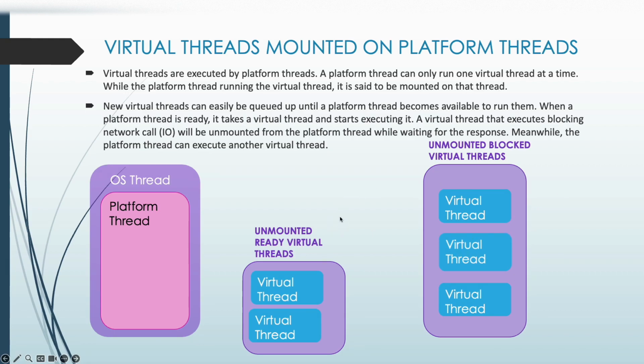During that time, the platform thread will pick up another virtual thread from the unmounted ready virtual threads and perform the execution assigned to that virtual thread. What will happen to the virtual thread which was waiting for the API response? Once the response comes, it will move to the unmounted ready virtual threads to get picked up by the platform thread.